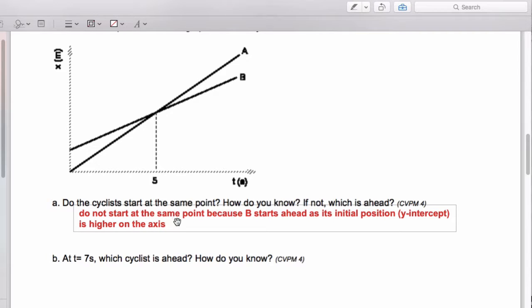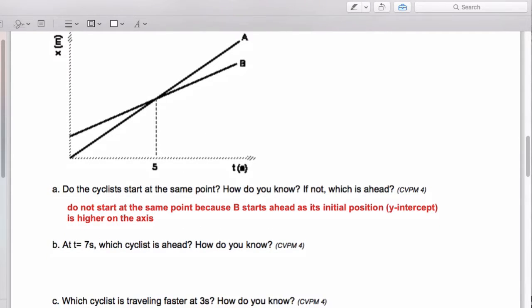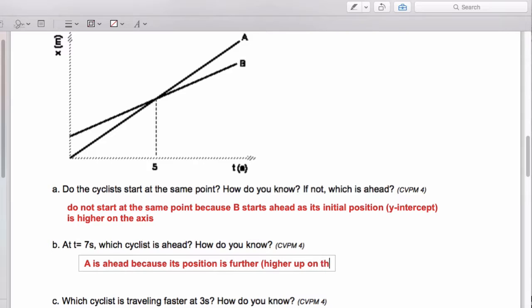At 7 seconds, which cyclist is ahead? Well, we can look and we can see that at 7 seconds, A is actually ahead. Since this is 5 seconds, 2 seconds later, wherever that is on the graph, A is clearly ahead. So we can simply say A is ahead because its position is further, meaning higher up on the graph.